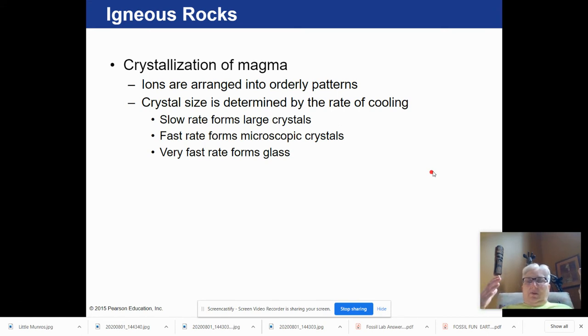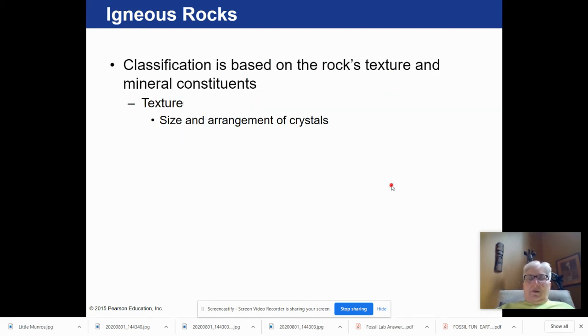We're all familiar with volcanoes and the expulsion of that crystallized lava, which is, as I said, merely magma as it exits. Now, that crystallization can come in many forms, and it depends on how quickly it cools, right? The faster it cools, the smaller the particles are going to be. And obviously, the slower that it cools, the larger the particles will be.